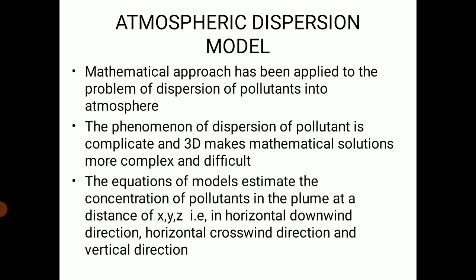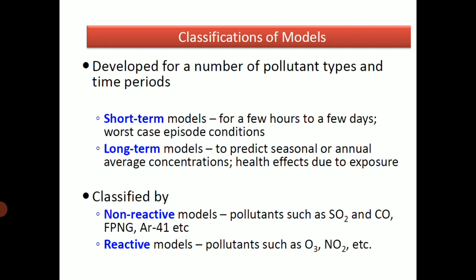Also, in all these models, the concentration of pollutants is estimated based on three coordinates, x, y and z. That is, x means the horizontal downwind direction, y means the horizontal crosswind direction, and z is the vertical direction. And basically there are several types of air pollution dispersion models, okay.